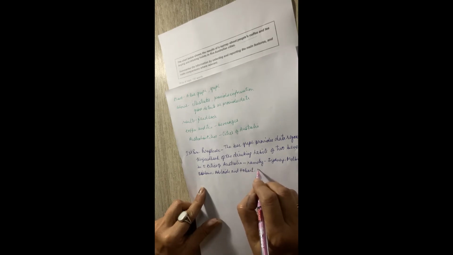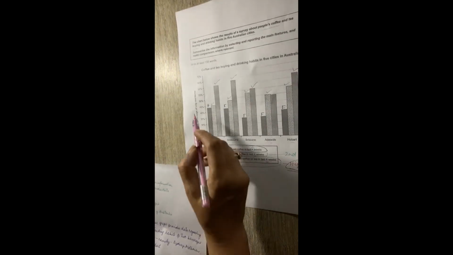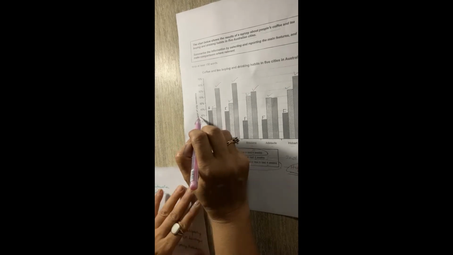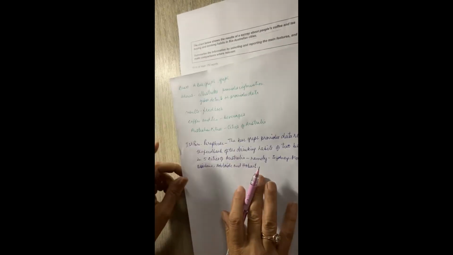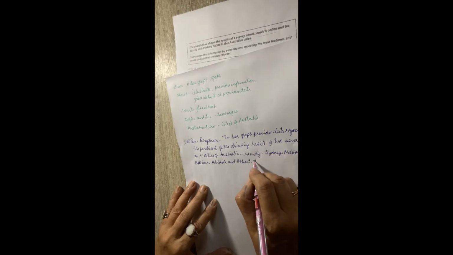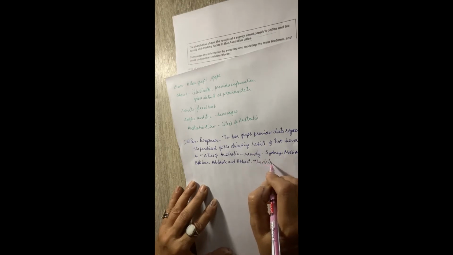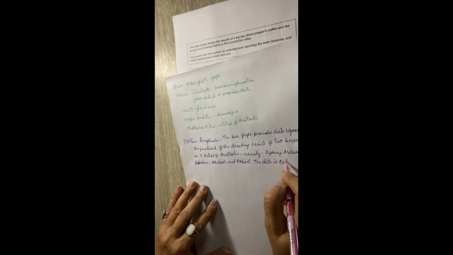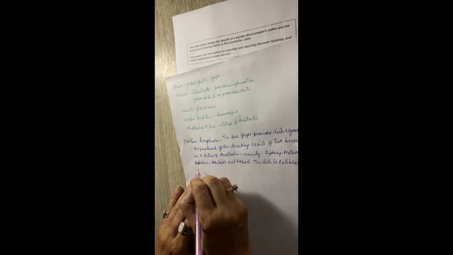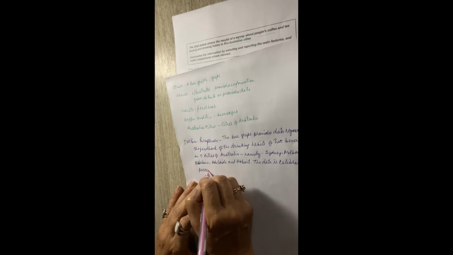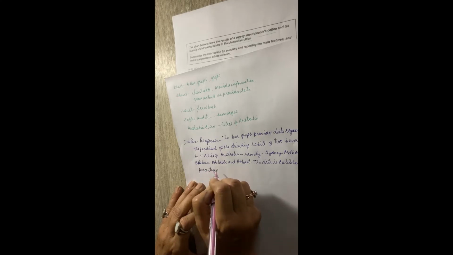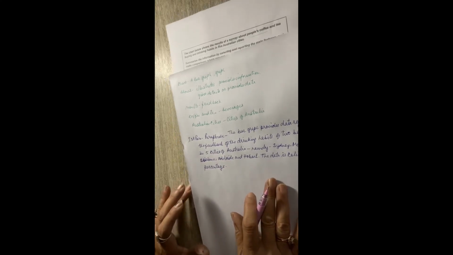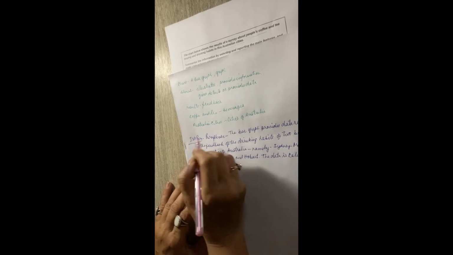And we can also write the data is in what? It is in percentage. What we can see from the question is the data is in percentage. See? So what will we write? The data is calibrated in percentage. Okay? So this is our first paragraph, that is the paraphrase.